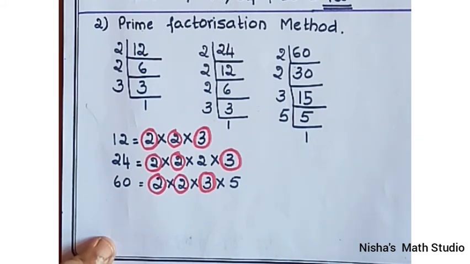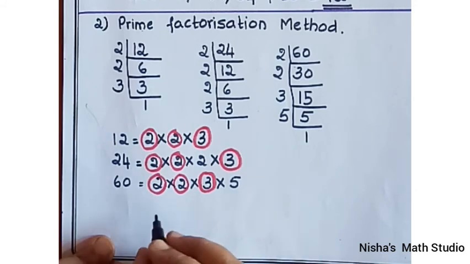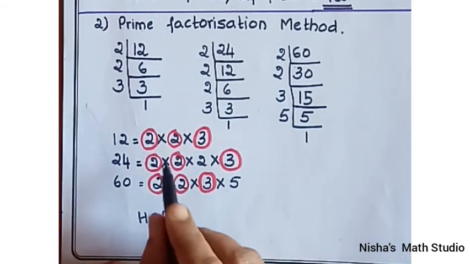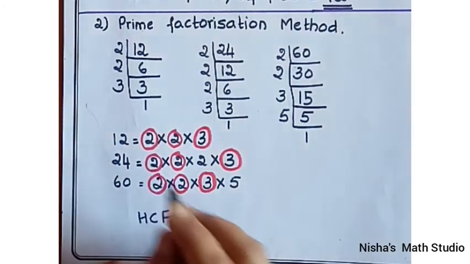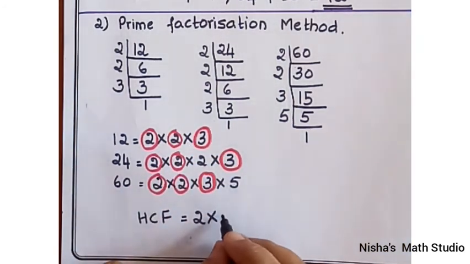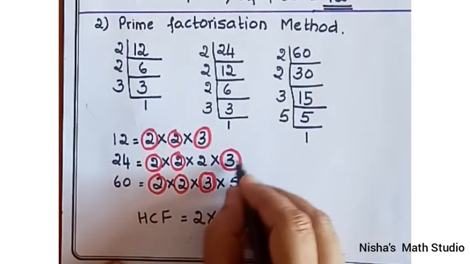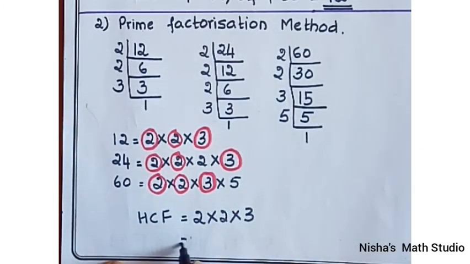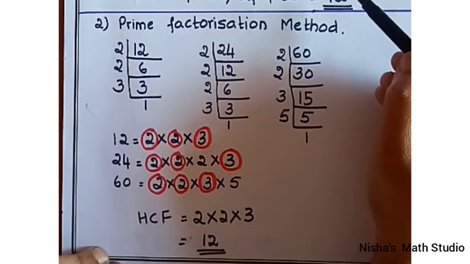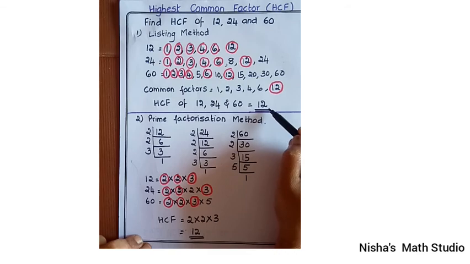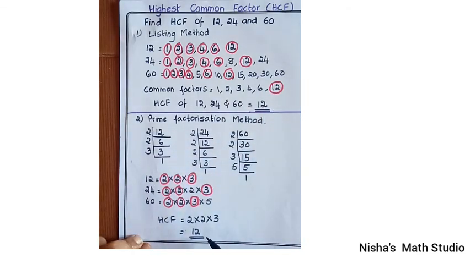It is nothing but the product of these common factors. So, HCF will be equal to this first 2 multiplied by second 2 multiplied by 3. So, 2 2s are 4, 4 3s are 12. So, 12 is the HCF. See, even in our first case we had got 12. So, this is by the listing method and this is by prime factorization method.